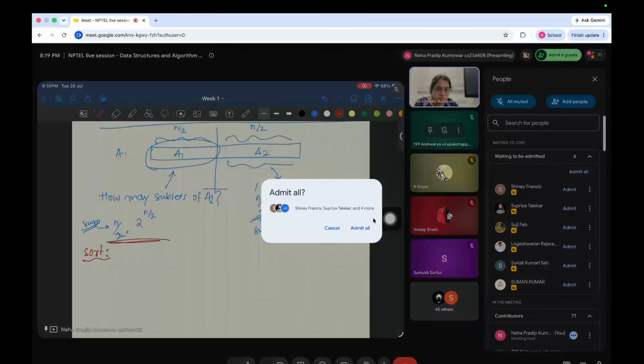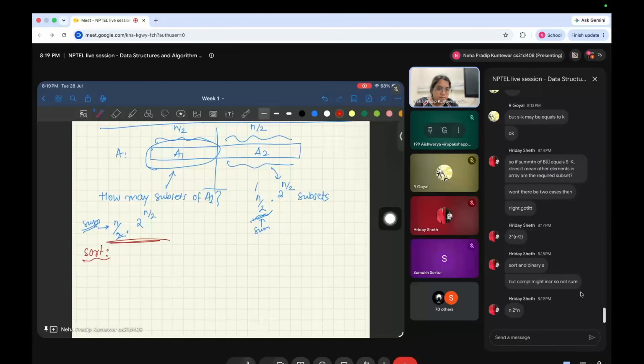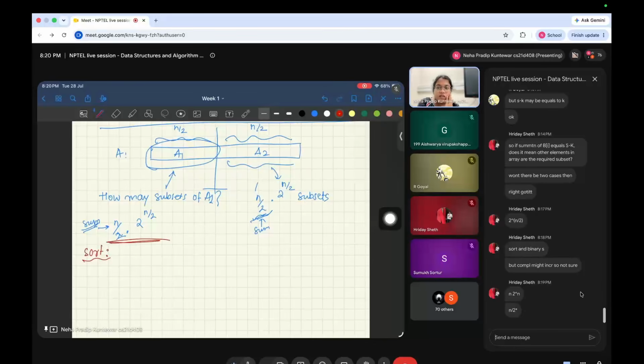So you have 2 to the n by 2 elements with you and you're going to sort. If you have n elements, if you use merge sort or something, you take n log n time.